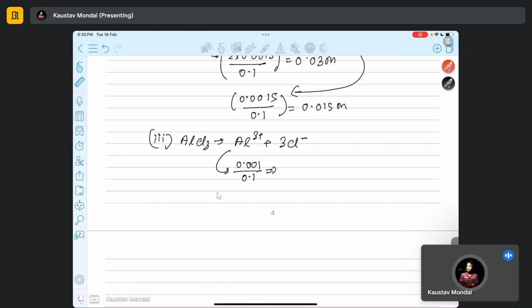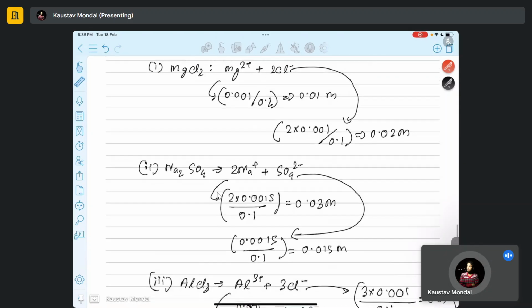This should give you 0.01 M. And for each mole of AlCl3 there will be 3 moles of Cl-, so that should be 3 into 0.001 by 0.1, which basically gives you 0.03 M.